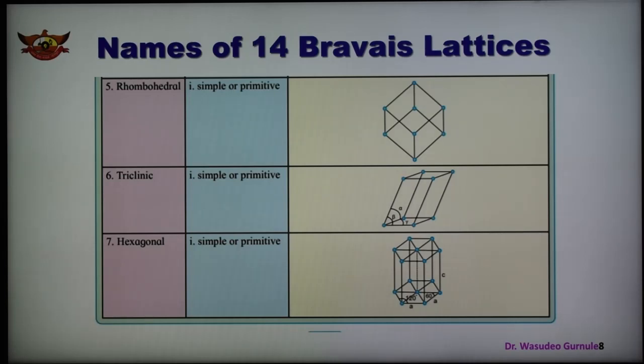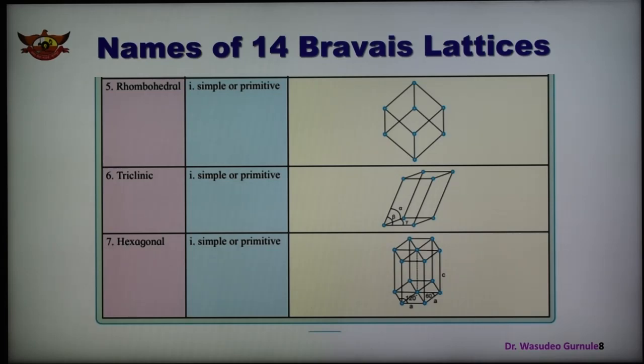So 14 Bravais lattices are divided into 7 crystal systems, and the arrangement is a possible combination of lattice points depending upon the spacing a, b, c along the 3 axes, and the angles alpha, beta, gamma made by the 3 non-coplanar axes. So these are the 7 crystal systems and 14 Bravais lattices.